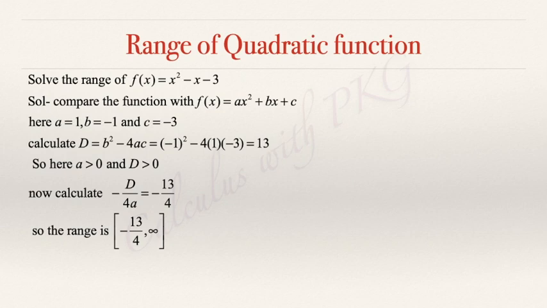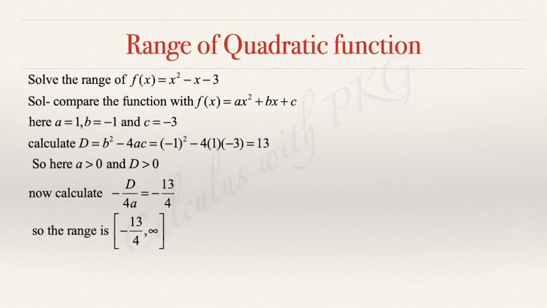Again, check whether a is greater than 0 or less than 0, and whether d is greater than 0, less than 0 or equal to 0. By inspection we find that a is greater than 0 because a is 1, and d is also greater than 0 because d is 13. Then we calculate the point −d/4a.